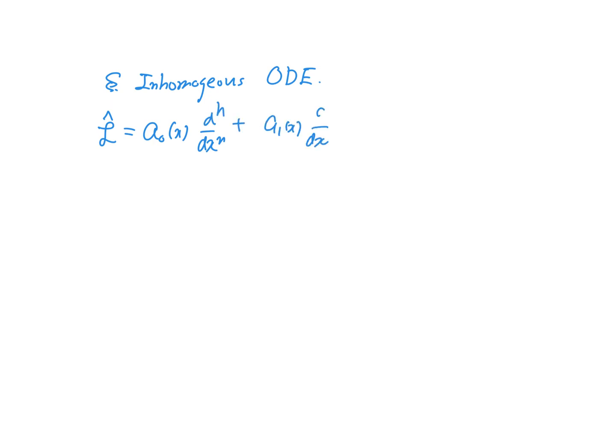So the topic is the inhomogeneous ODE. Assume we have a differential operator L, which is a0(x) d^n/dx^n and so on; it's the most general form of a differential operator.